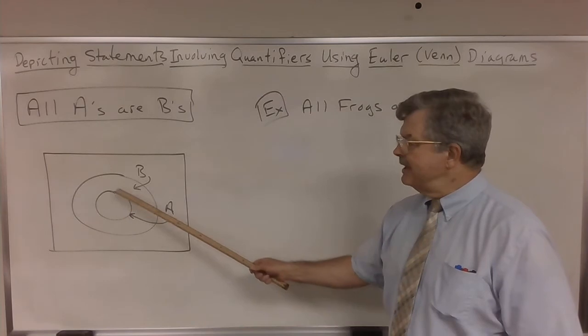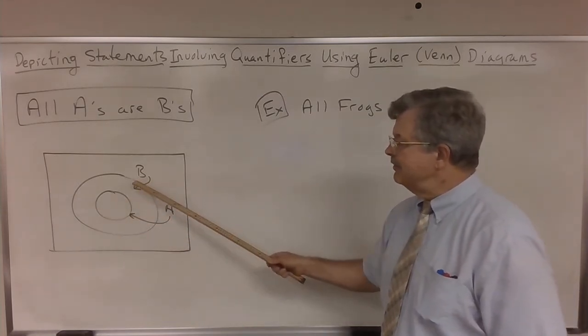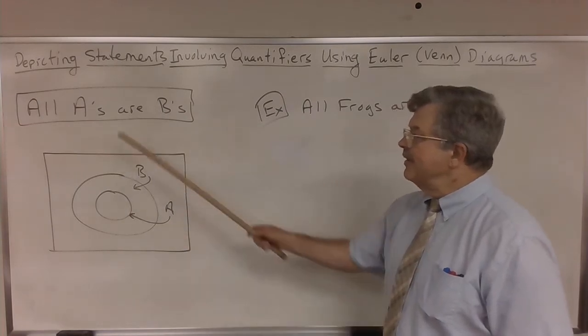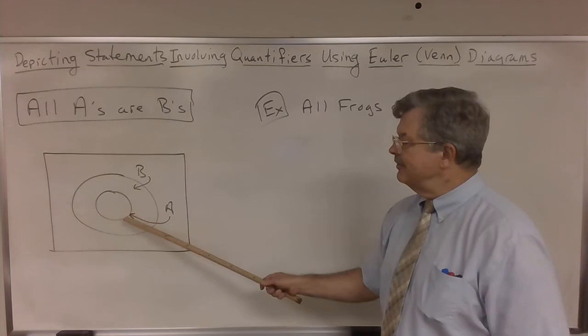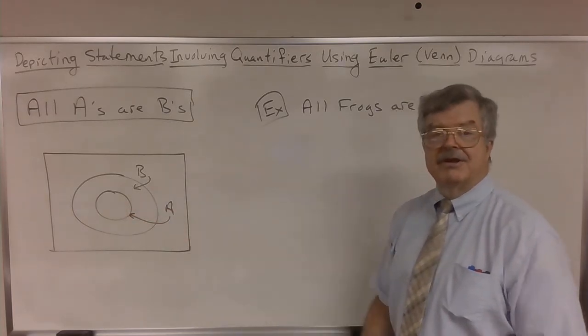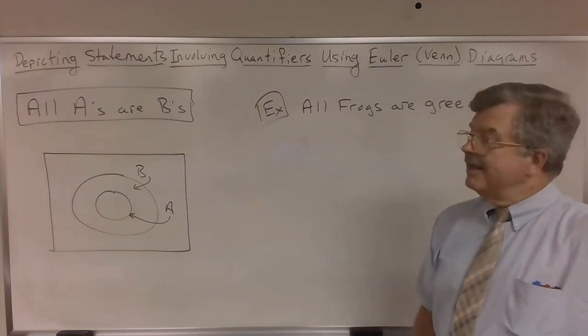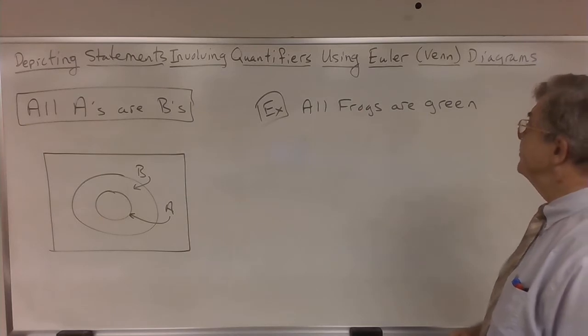The A circle being the set of all A's, the B circle being the set of all B's. Well, if all A's are B's, then the A circle, or the circle containing the A's, would have to be in the circle containing the B's. That doesn't sound too clear, does it? So let's use an example.